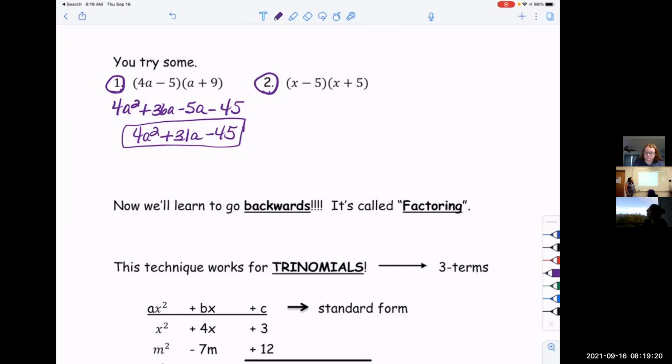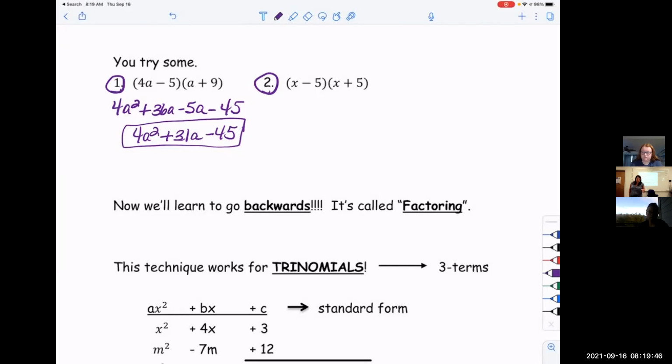All right, so what happens on number 2 if they look exactly the same except the signs are opposite in the middle? The middle terms cancel out. So if you recognize it when they're exactly the same, but they have opposite signs, you can skip what? Outer and inner.